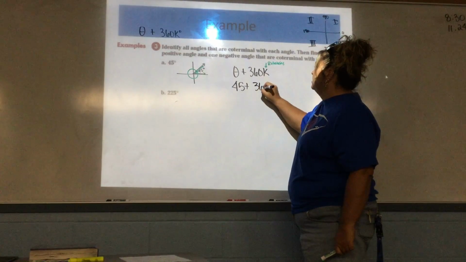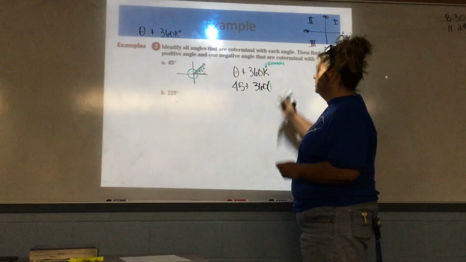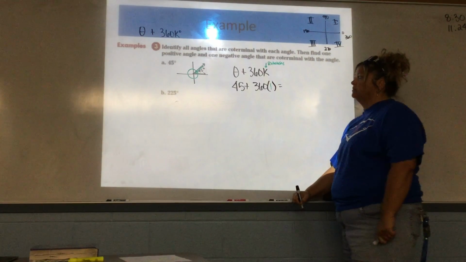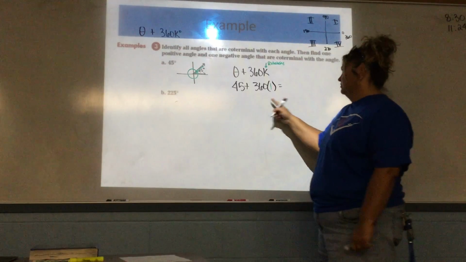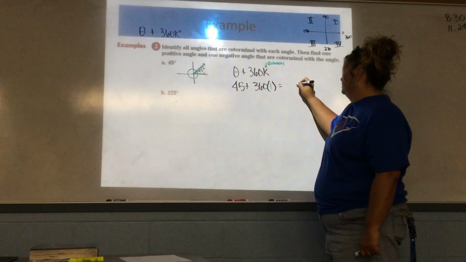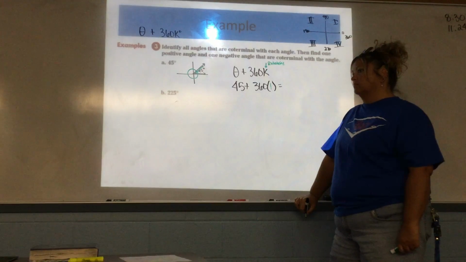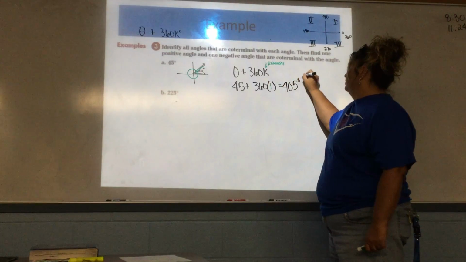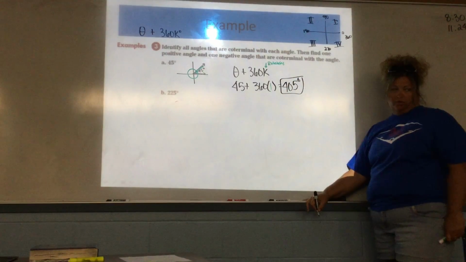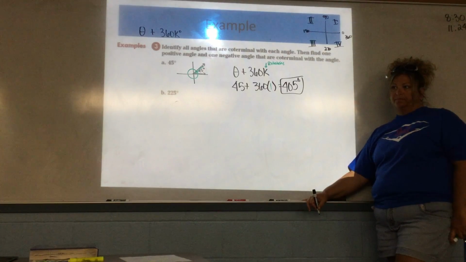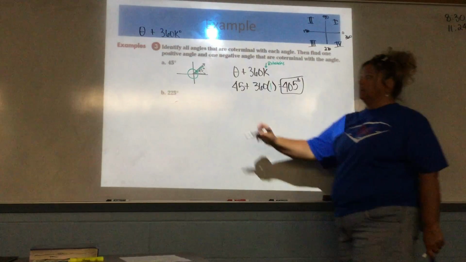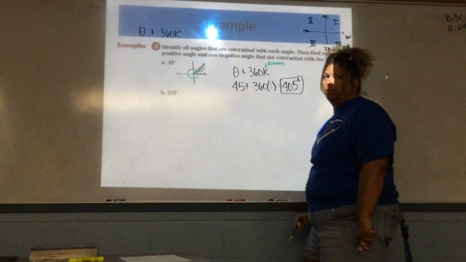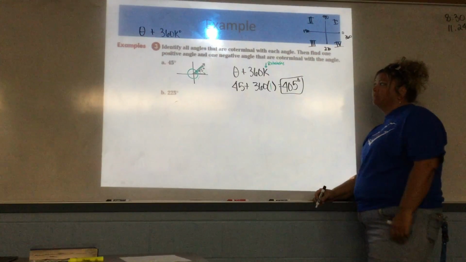So 360K times that one positive rotation gives me what? 405. Good. So there's my positive coterminal. Does that make sense? Which makes sense. If I go a whole rotation and then I go back up to 45, that's 360 plus 45.